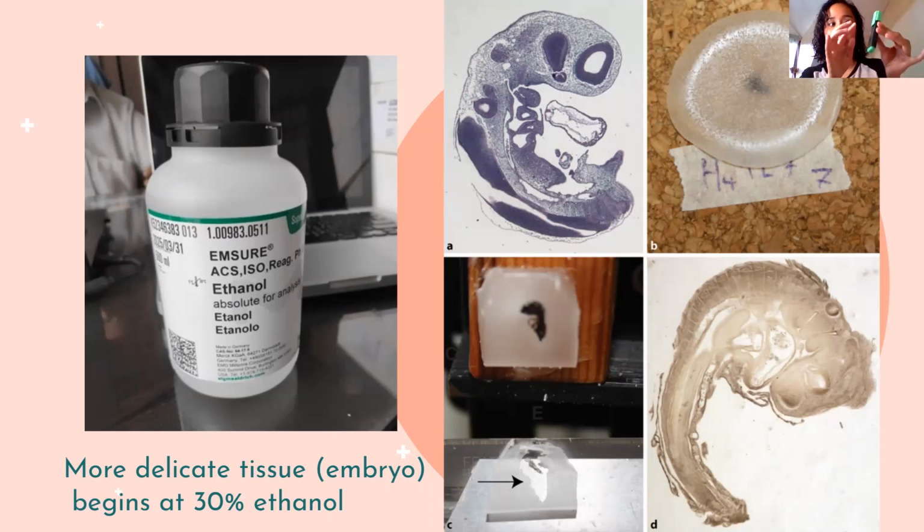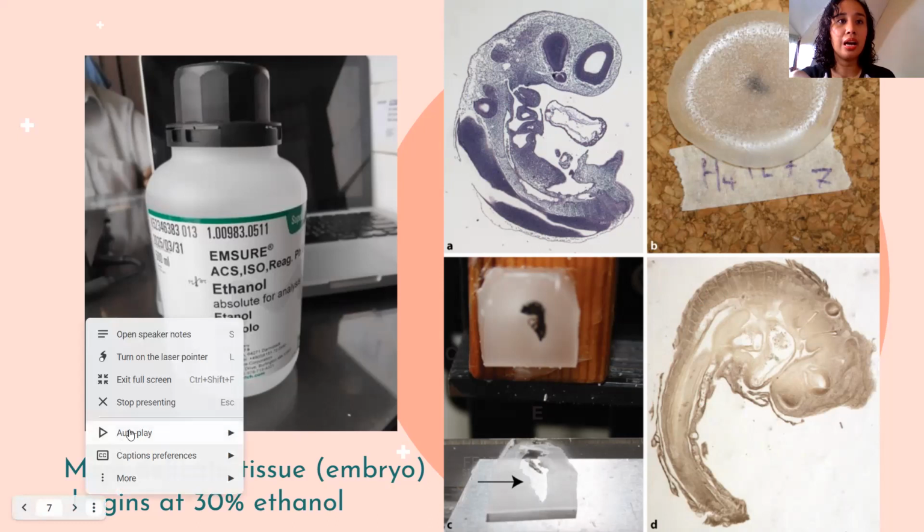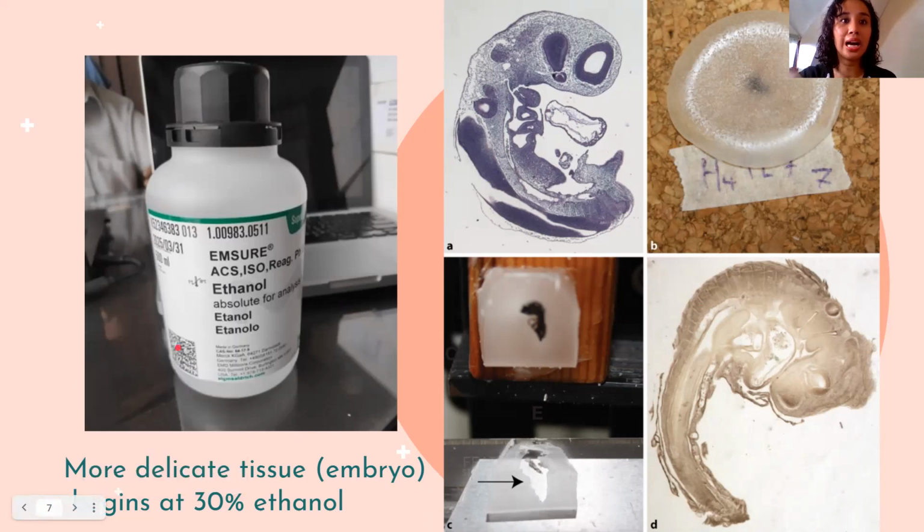Dapat nakikita yung buong structure niya. Pag kinat mo, yung gilid niya lang ang makikita. Nagigets ba? However, balik tayo sa dehydration, that delicate samples should start in dehydrating alcohol at 30% concentration.